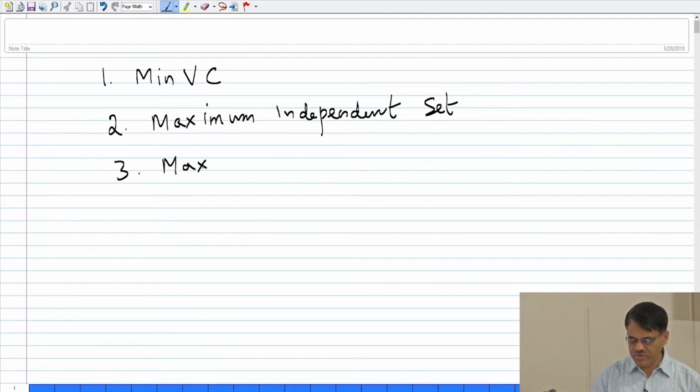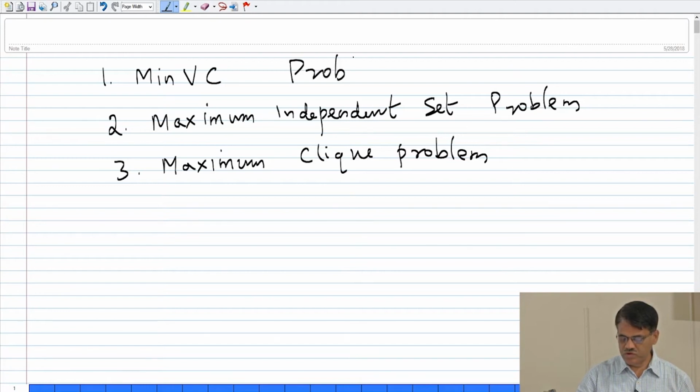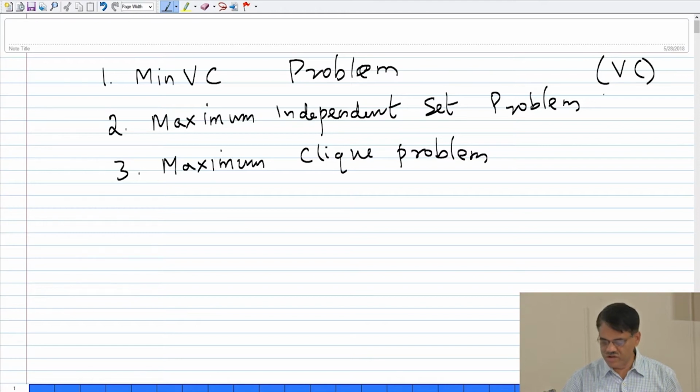A related problem is maximum clique in a graph. Okay, I am going to use this notation VC for vertex cover, maximum independent set, and clique.